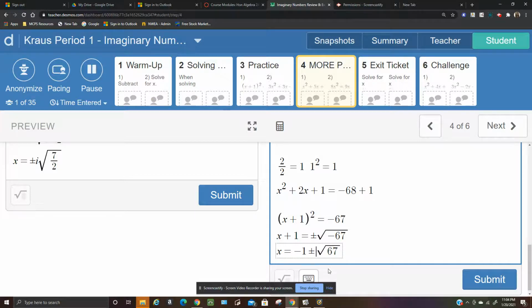Pull an i out here. You get x equals negative 1 plus or minus i square root of 67.